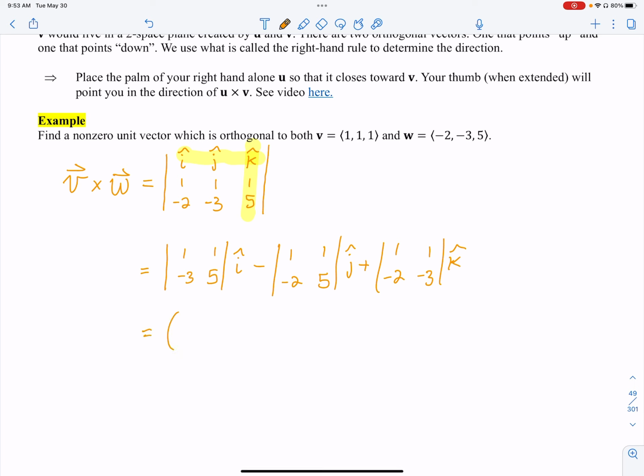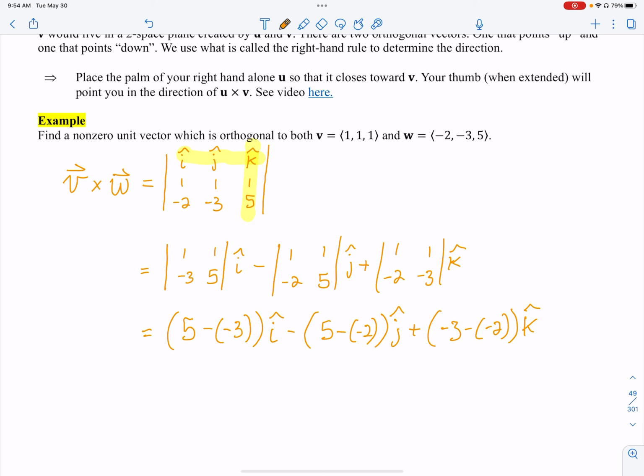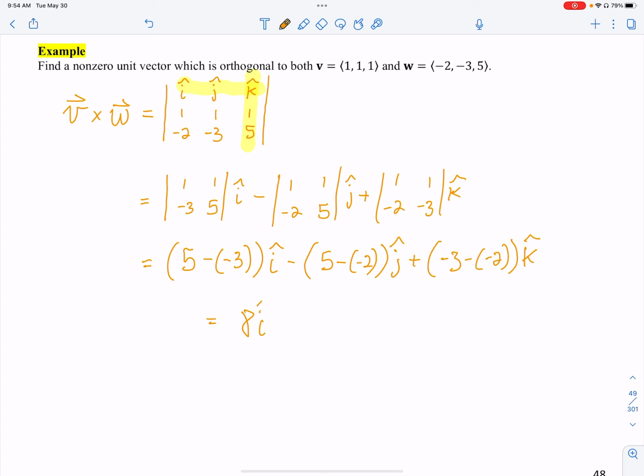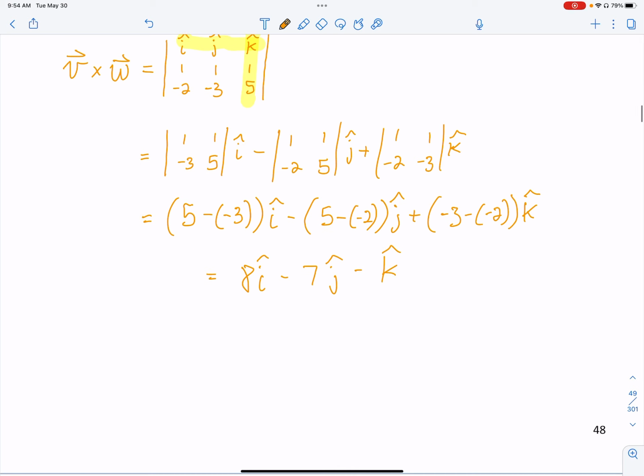Following this, we multiply the diagonals and subtract them. So this is 5 minus -3, I, minus 5 minus -2, be careful with these minus negatives, J, and then plus -3 minus -2, K. So we have 8I minus 7J, and then that's going to be a minus K. There's one vector that is orthogonal, or we could say -8I plus 7J plus K. We could just change the signs of each one.